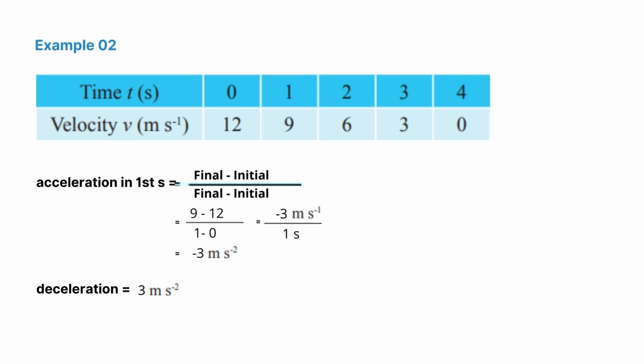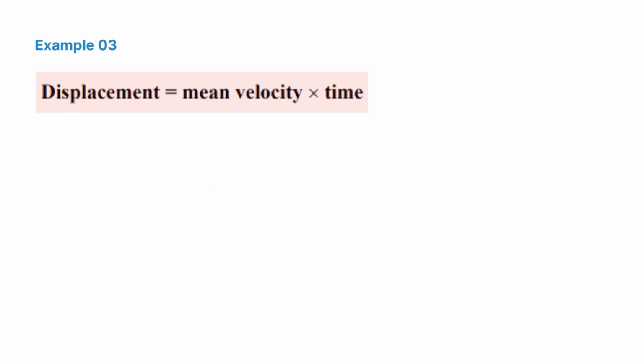In order to find the displacement of a body moving at a uniform acceleration, we should find the mean velocity of the body and multiply it by the corresponding time. It is displacement equals mean velocity into time, so you have to remember, if the object moves with uniform velocity we directly multiply the velocity by time, and calculate displacement.